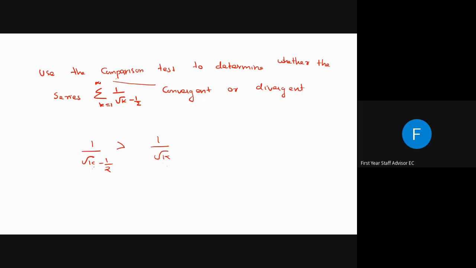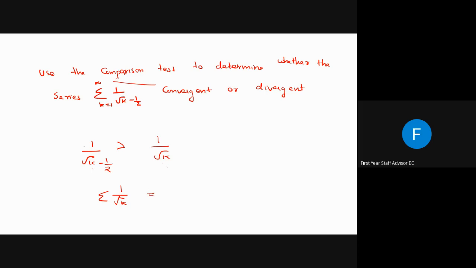When a smaller value comes in the denominator, 1 by that value is bigger. So take the smaller series as 1 by root k.